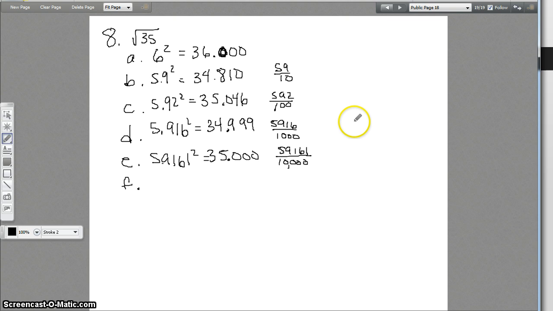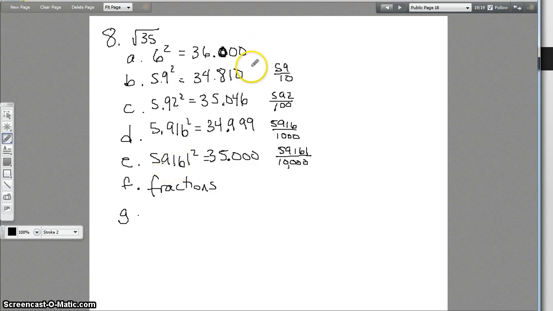Okay, part G says use your answers to parts A through E to tell which of the numbers are smaller than square root 35 and which are larger. Part F was showing that all these could be written as fractions. If they're smaller than square root 35, then the square is also going to be smaller than 35.